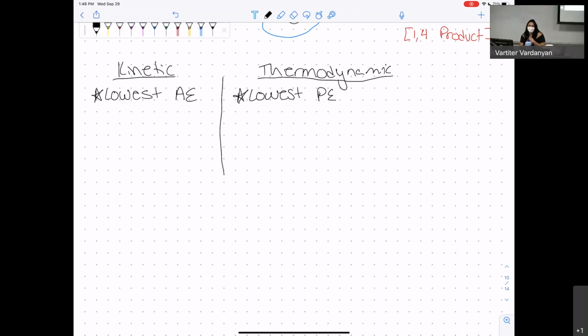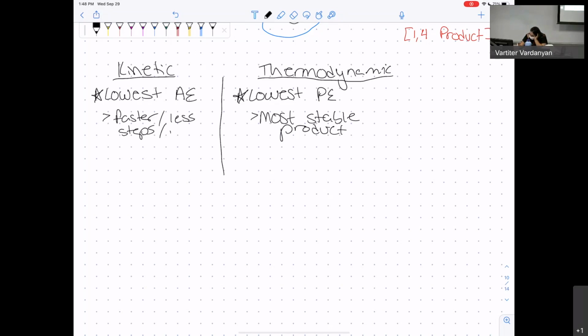So what the heck does that mean? Well, lowest potential energy means that you have the most stable product, and lowest activation energy means that it's easier to make product. So we can say it's faster, fewer steps, requires less energy.